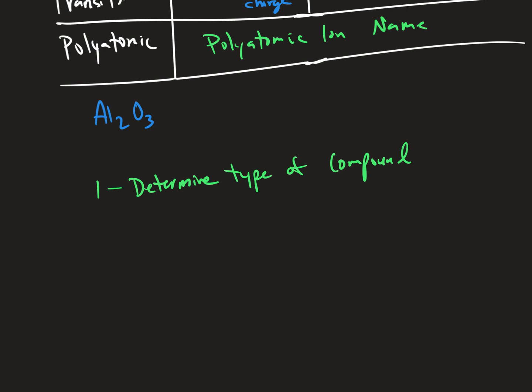So why is that the first step? Because we name covalent compounds differently. And later on, we're going to learn how to name covalent compounds, and that's going to be the freshest on your mind. And then I'm going to throw an ionic compound at you, and you're going to name it like we name covalent compounds, and it's going to be wrong. So make sure that's our first step. Good?